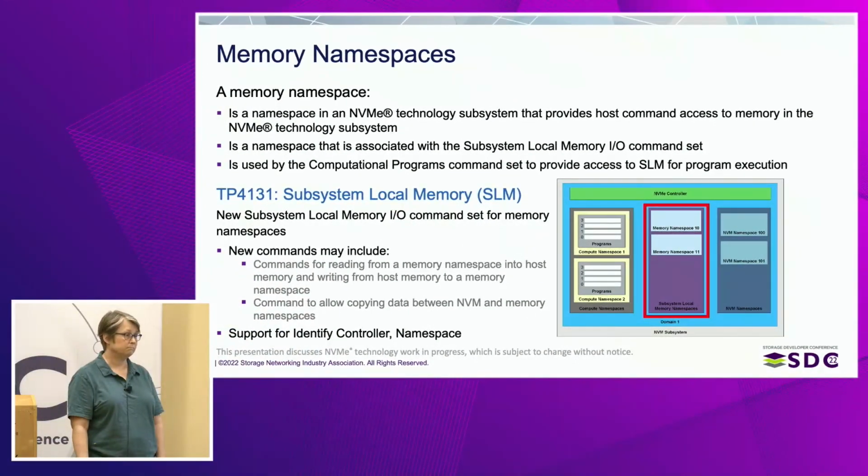And that is what supports moving the data from the NVM namespace to the subsystem local memory. Were you asking whether it needed to bounce through a host buffer? I don't think it needs to go through a host. No, it doesn't. Right, the command needs to come from the host, but it doesn't have to bounce through a host buffer in order to do that.